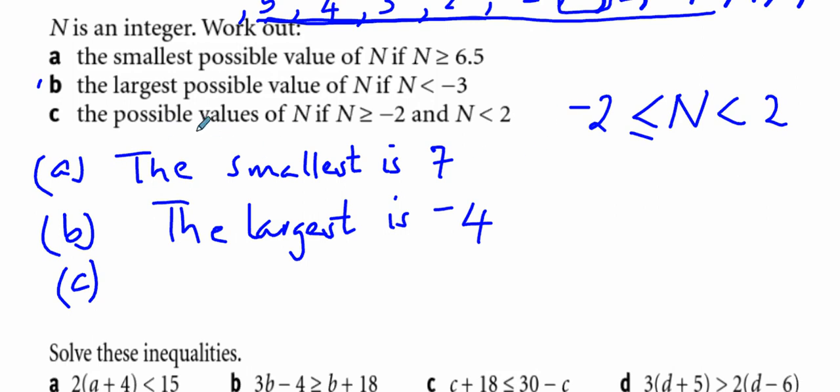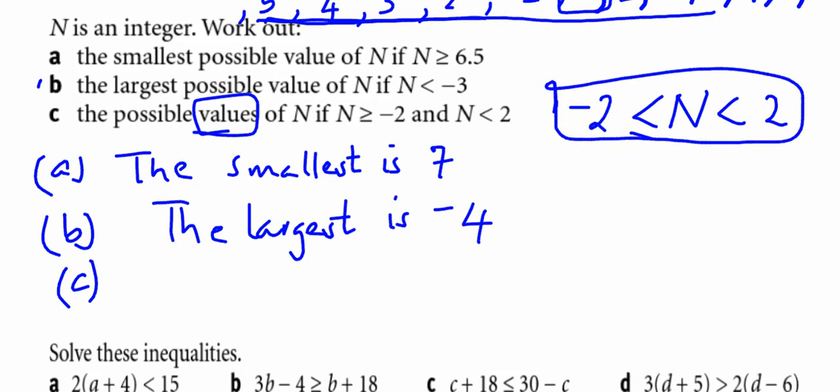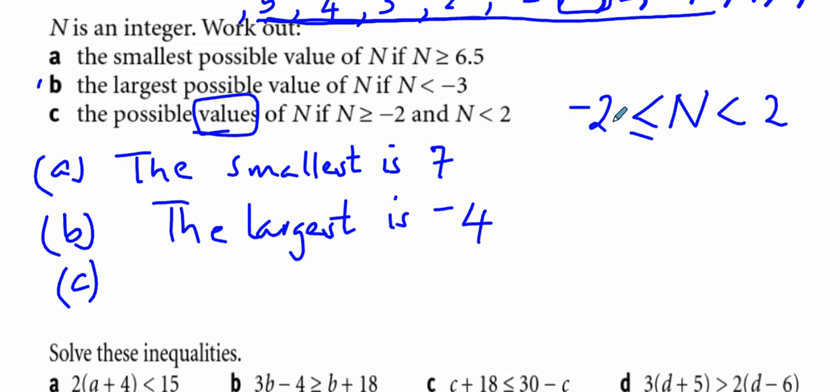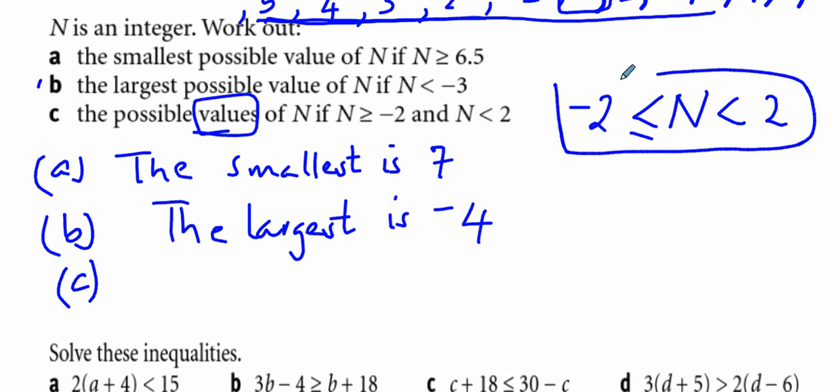So here, how do we get the values? We have to identify all numbers which are within this interval. Greater or equal to -2 means you start with -2 itself. Numbers which are bigger than -2 are -1, and these numbers continue until they hit this one here.